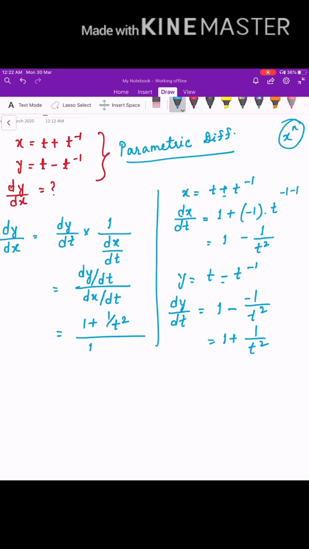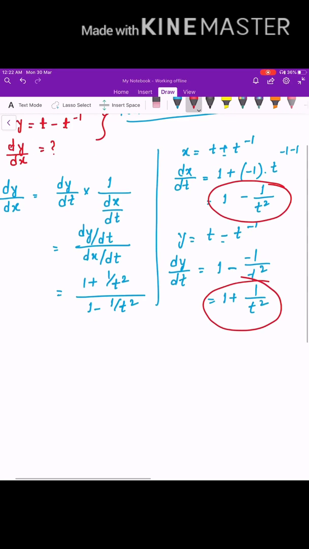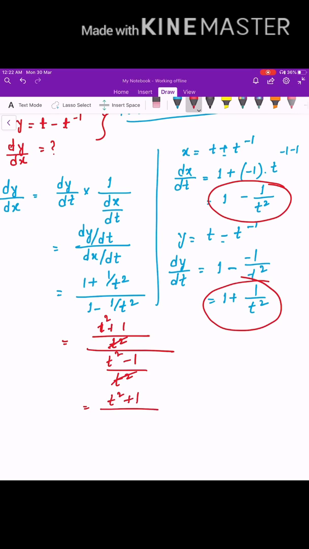Dx by dt is 1 minus 1 by t square. Now taking the LCM, we get t square plus 1 upon t square minus 1. So the final answer is t square plus 1 upon t square minus 1.